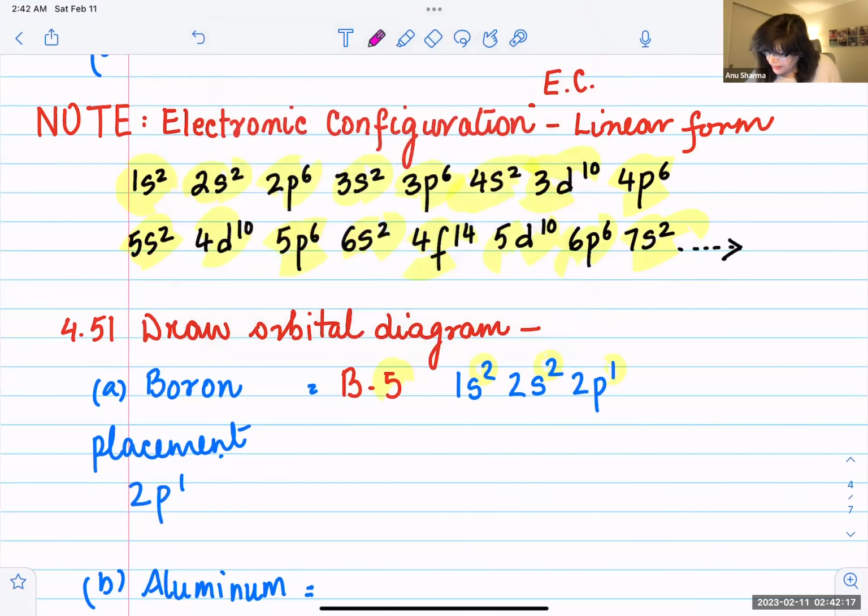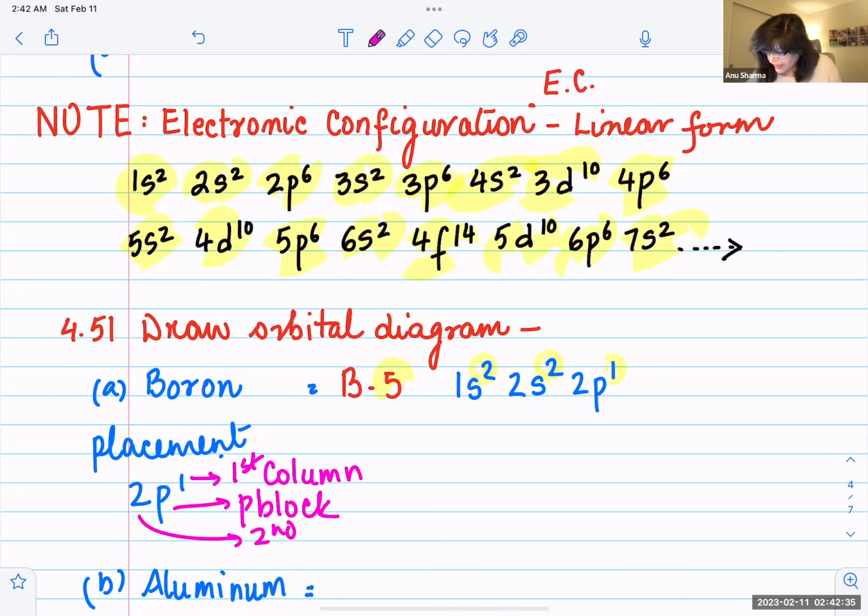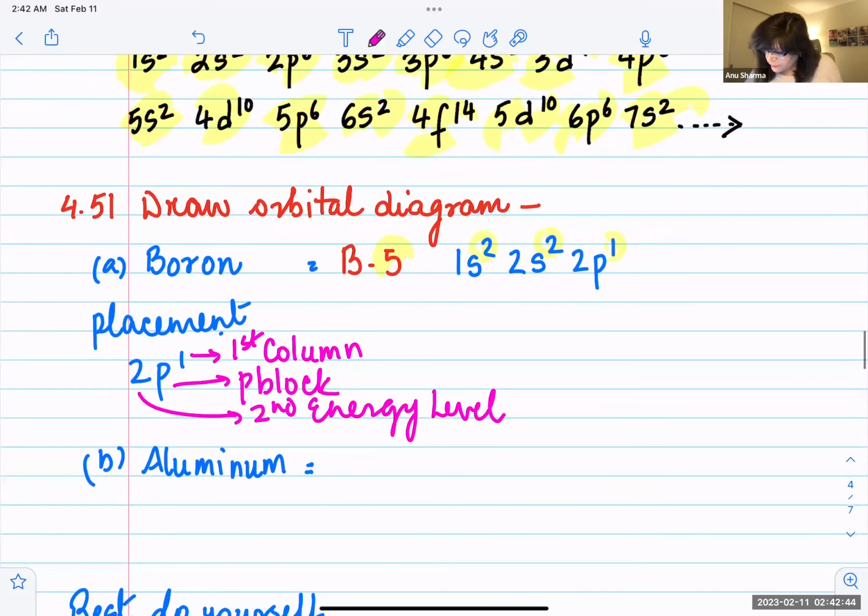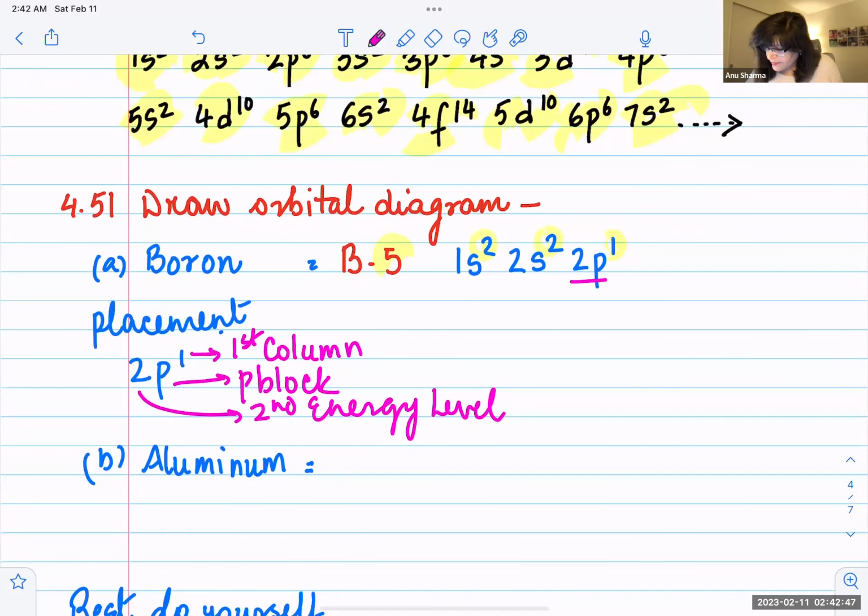This one means the first column in the p block, first column, and then this is the p block, and 2 stands for the second energy level. Okay, so that's what you see here. First column, the exact same thing you see here.